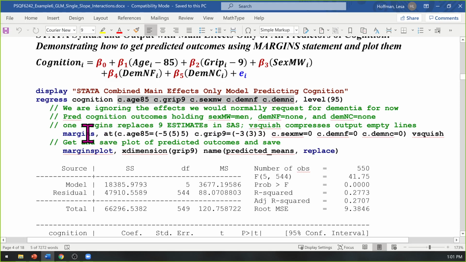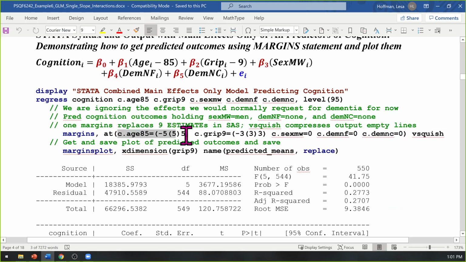So margins is a command that does a whole lot of things. In this instance, it is generating predicted outcomes. So the at section here tells it what values for the predictors to hold constant. So when I say C dot, these things equal 0, that holds them constant at 0 across all of the predicted values that are being created.